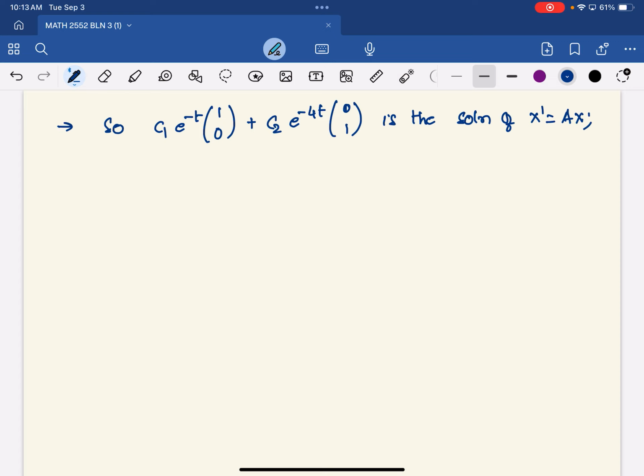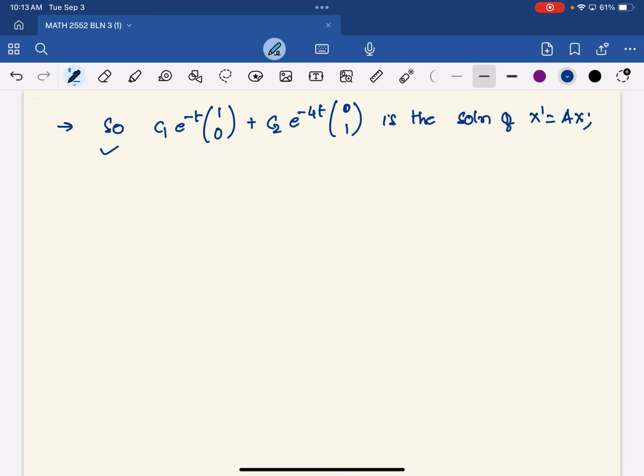Do you agree with me on that? Or do I need to show you? You want to see it one time? Yes, or do you agree? Show or no? You're okay? Okay, good. So this is what it is. The linear combination is also a solution.